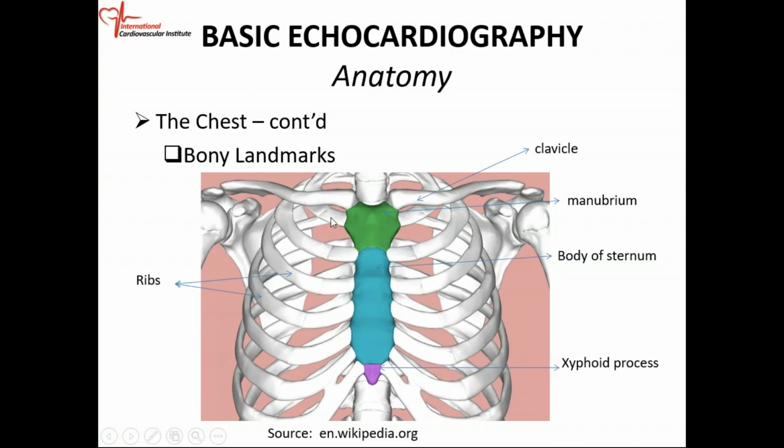The first intercostal space is the space between the first rib, right up here, and the second rib. Intercostal because it's between the ribs, all right? The second intercostal space is between the second rib and the third rib.